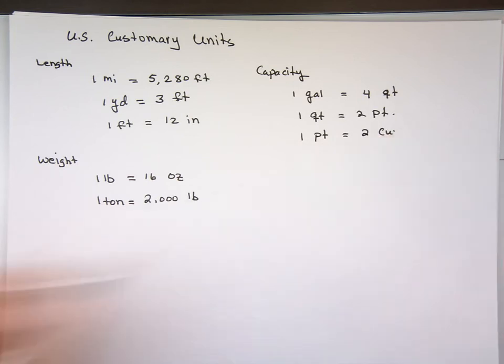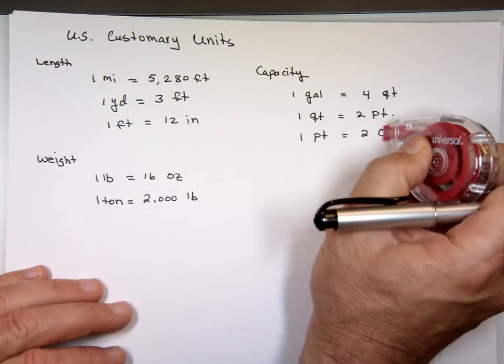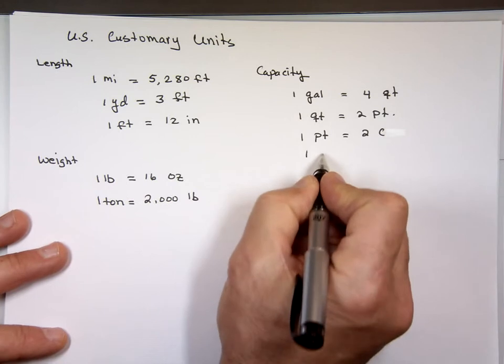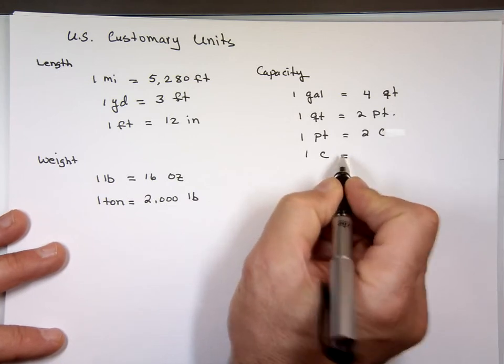They use C for cups, they don't use CU. I was about to write cups, then I'll just stick with the units. Our book uses C for cups. And 1 cup is how many ounces? That's 8 ounces.